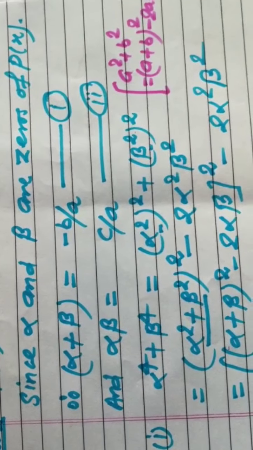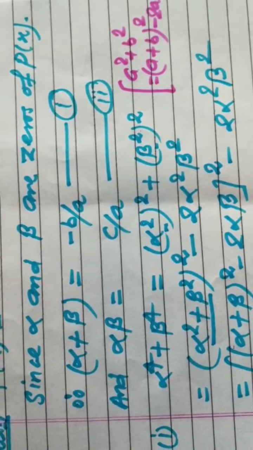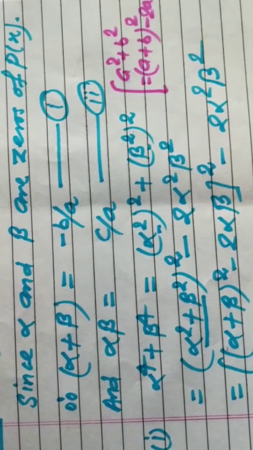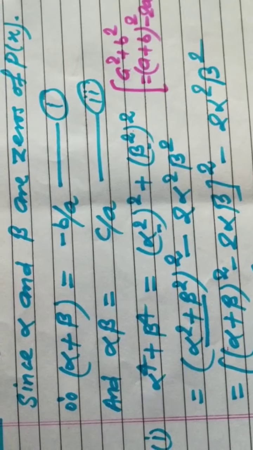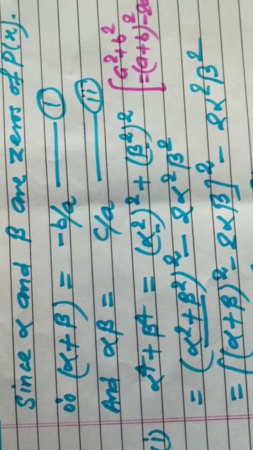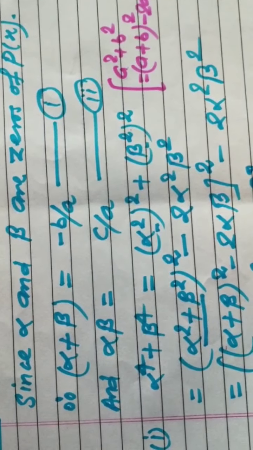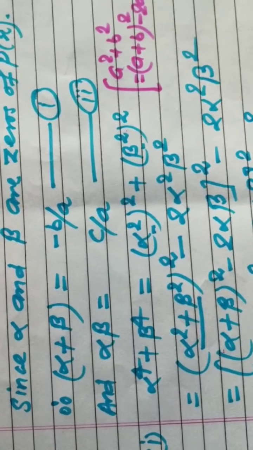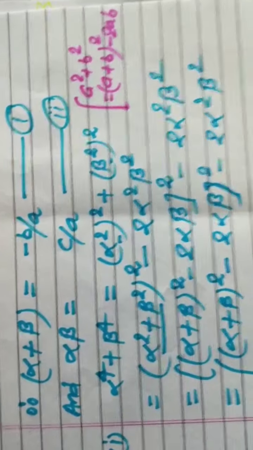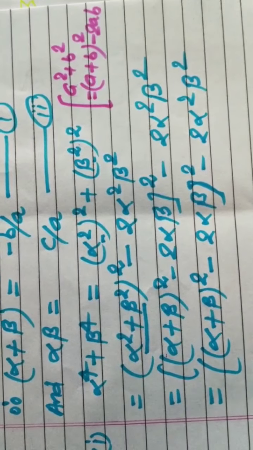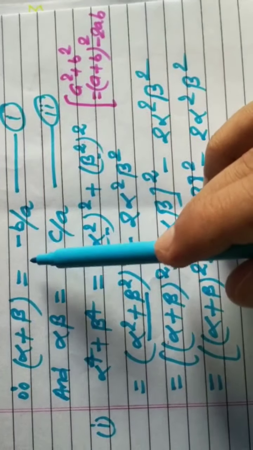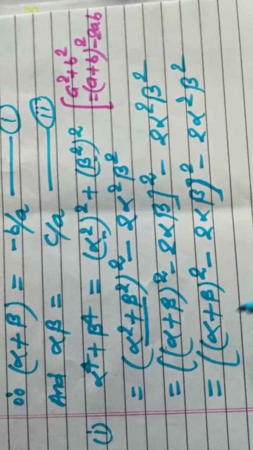So it will be (alpha plus beta) the whole square minus 2 alpha beta the whole square minus 2 alpha square beta square. Now put the value of alpha plus beta, and the value of alpha plus beta is minus b by a.